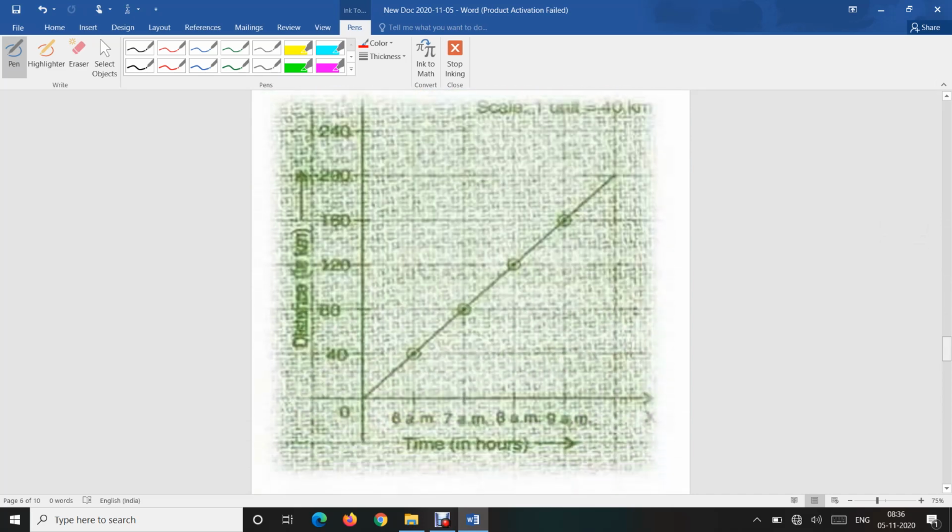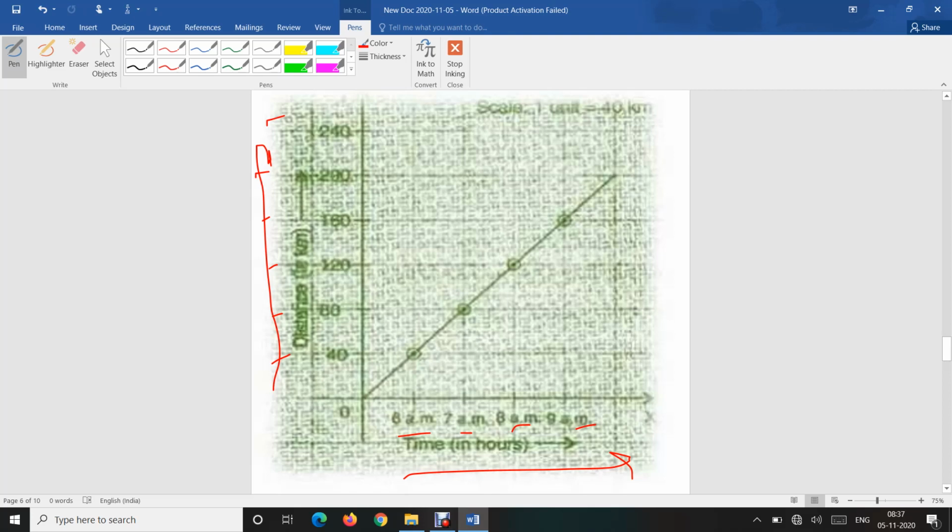And this is the graph for the second part. Here time is to be taken and here distance is to be taken on the y-axis. Now time is 6 am, 7 am, 8 am, 9 am. Then distance 40, 80, 120, 160.